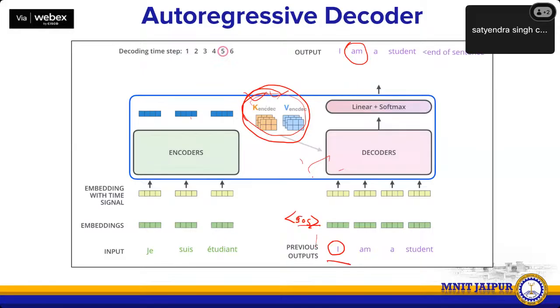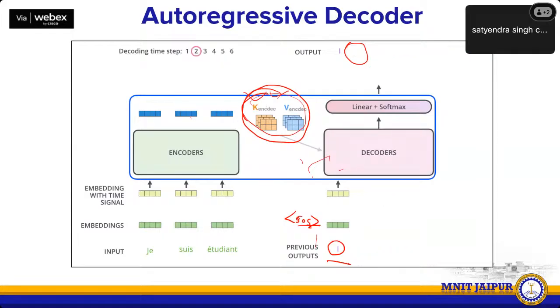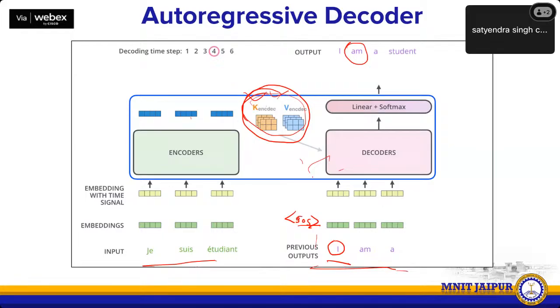During training, this is called teacher forcing, where the true output sequence is fed as an input to the decoder. Since we have the input pair and output pair, we give it to the decoder. During inference, the model uses its own prediction.